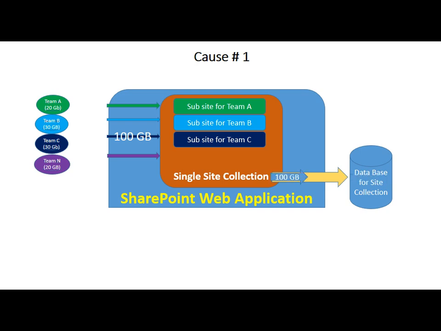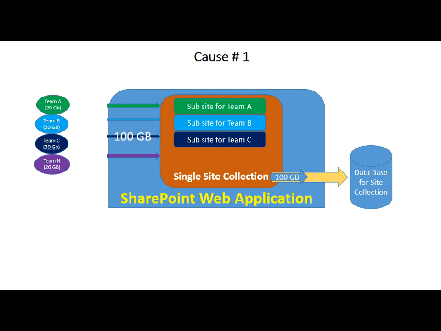Team A wants to store 20 GB of data, team B wants to save 30 GB, team C wants to save 30 GB, and team N as well. There may be many teams in your environment, and all of these teams want to save data.